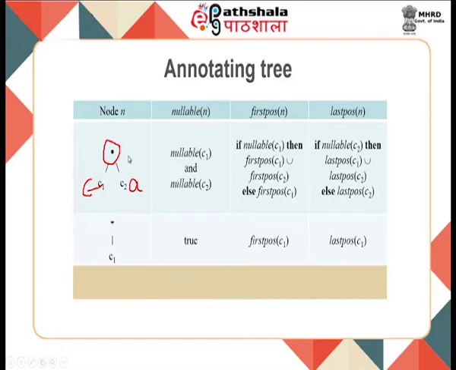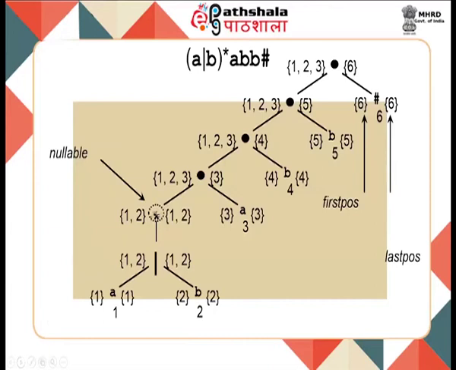So for the interior node, it is nullable of C1 and nullable of C2. So both the children should be nullable for the parent to be nullable. Here only one is nullable, this is definitely not nullable, therefore none of the interior nodes are nullable except the star node.